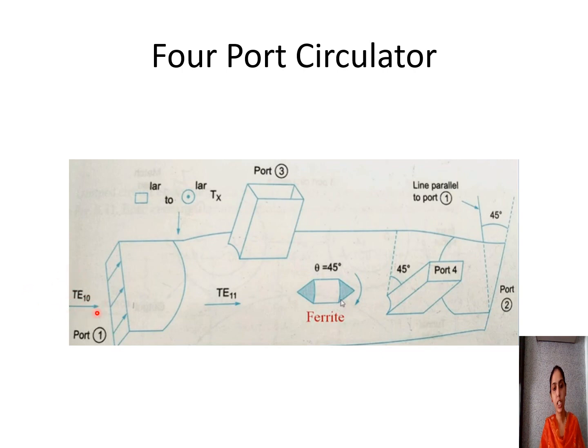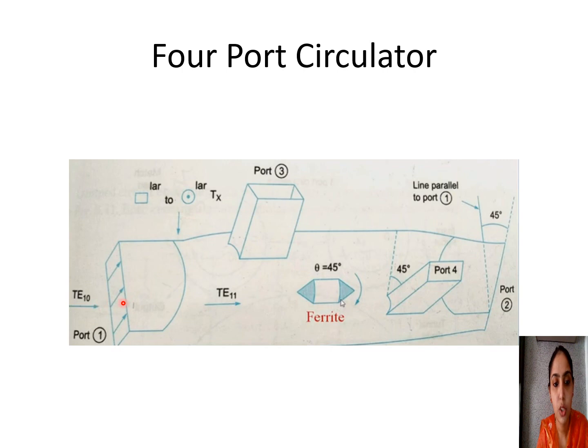It gets transferred to a TE11 mode because of the gradual transition from rectangular to circular waveguide, since it is going to propagate now in a circular fashion. That is why TE10 is written at the beginning; when it goes inside, it becomes TE11.